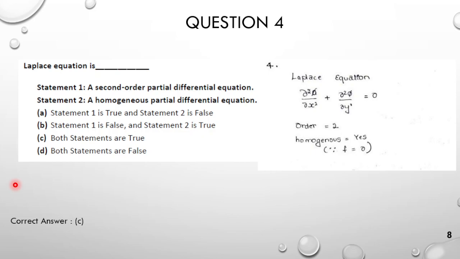You have an unsteady state heat conduction, and then you also have some volumetric heat generation, which depends on the length of the domain or the position in the domain. In that case, what would be the correct option amongst A, B, C, D?